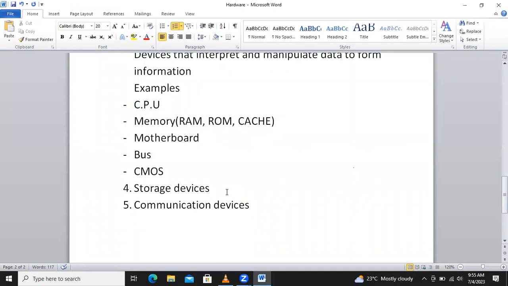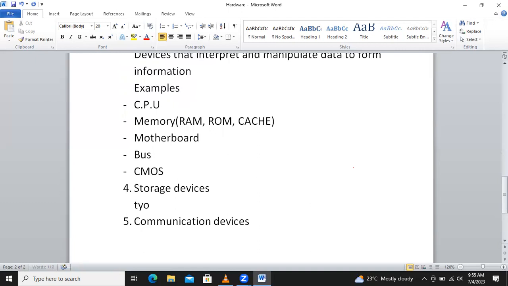Okay, let us have the storage devices. These are the ones that retain data for either a short or a long period of time.